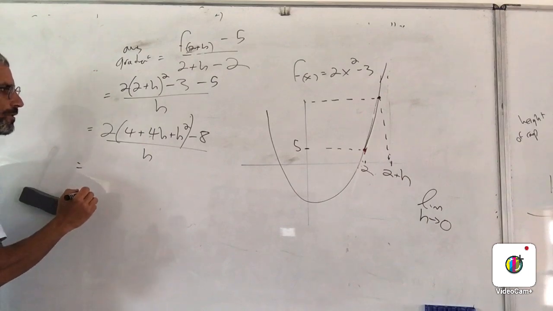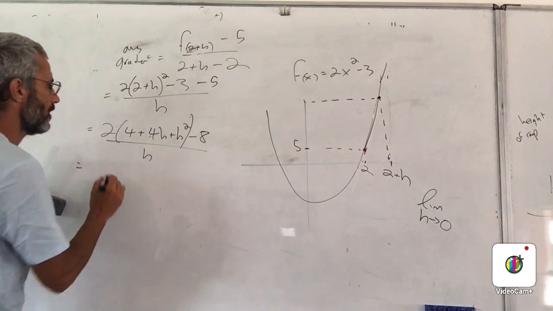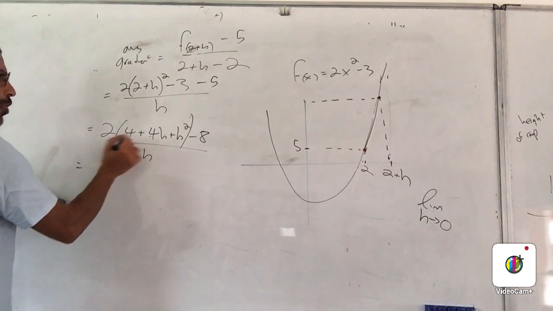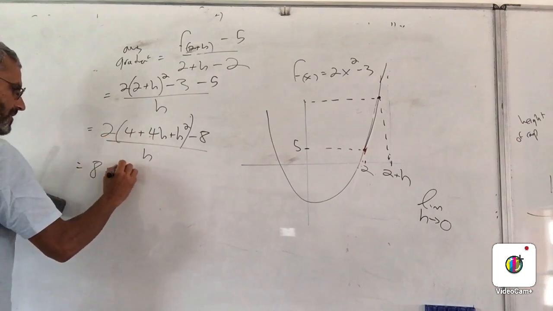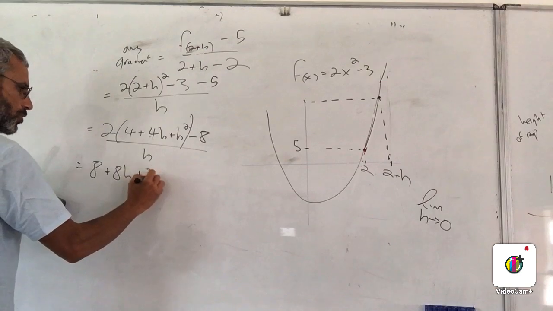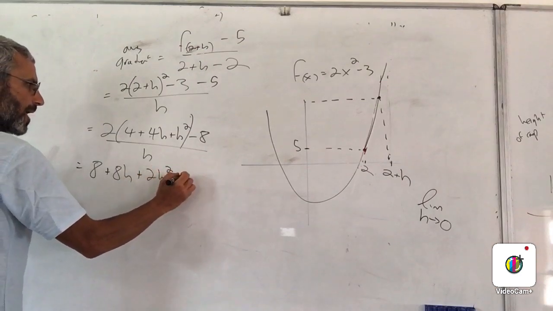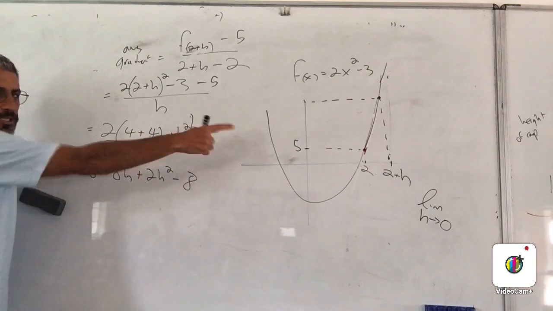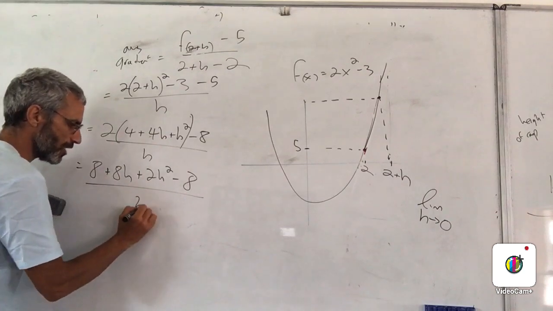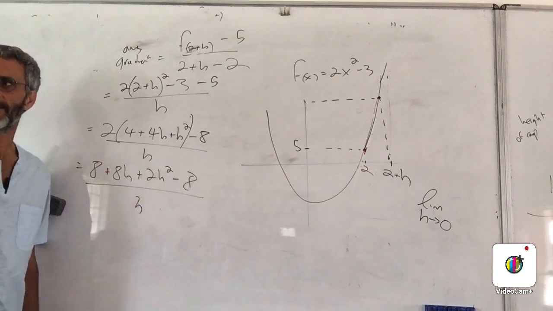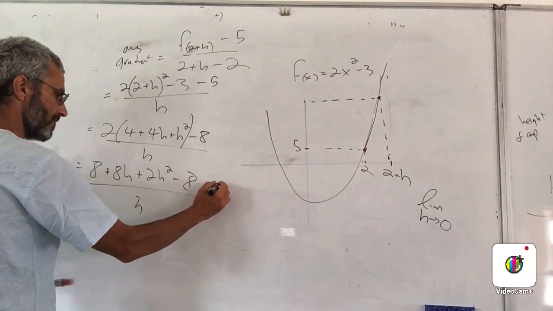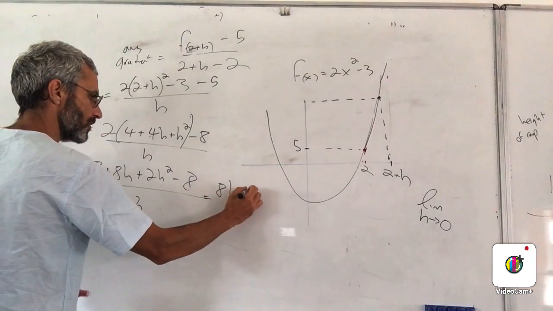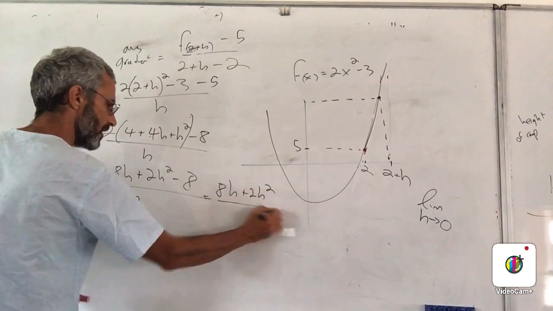Equal, okay, we need to start opening. So 8 plus 8h plus 2h squared minus 8, not minus 16. Divided by h. We're always going to cancel those two things. So we're going to have 8h plus 2h squared divided by h.